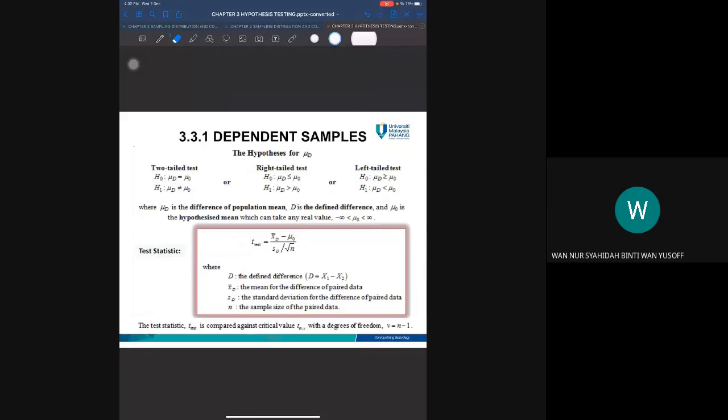You still need to know whether sigma square D is known or unknown, and if unknown, then you need to know n less than 30 or n greater than 30. Similar to a single population mean. The difference is we have the D. So mu D is for dependent sample, D represents data difference.